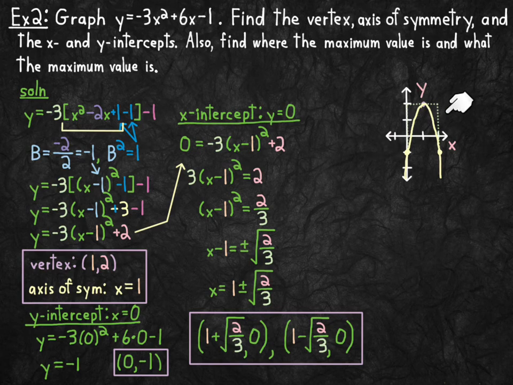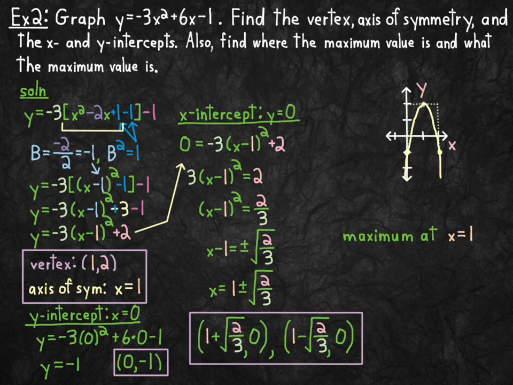Okay, so when they say find where the maximum value is, they mean the x-coordinate. So the x-coordinate of this is 1. X equals 1. Okay? So it's at x equals 1, the point, the number 1. And then when it says, what is the maximum, that's how high is it?